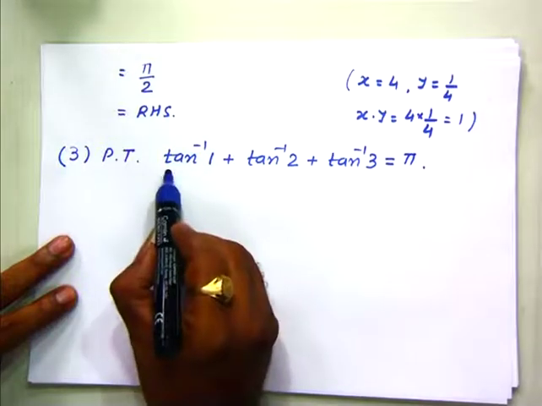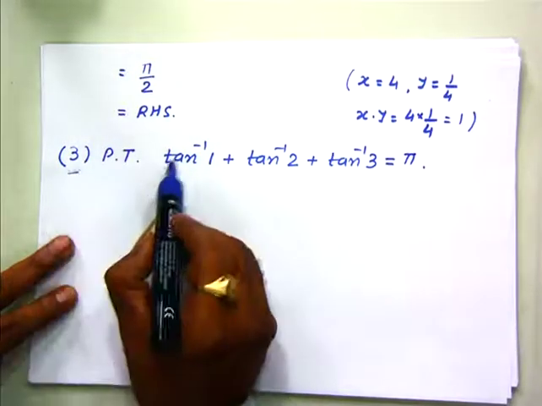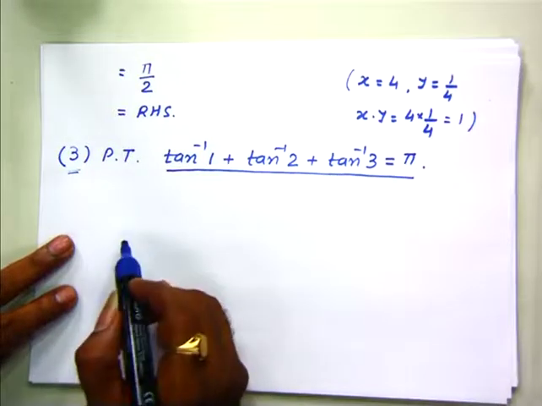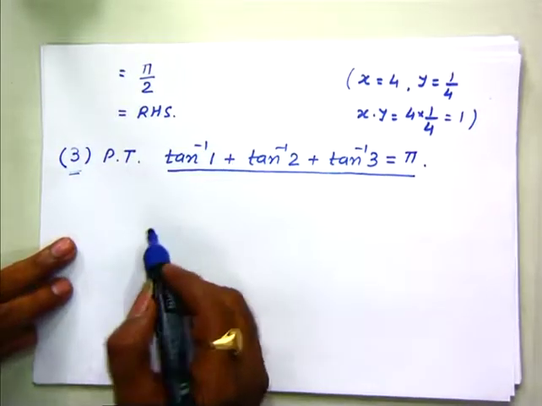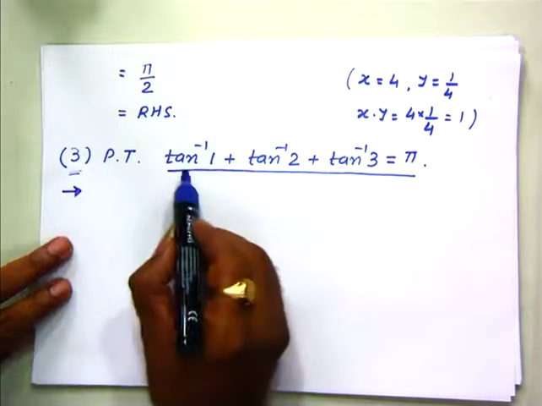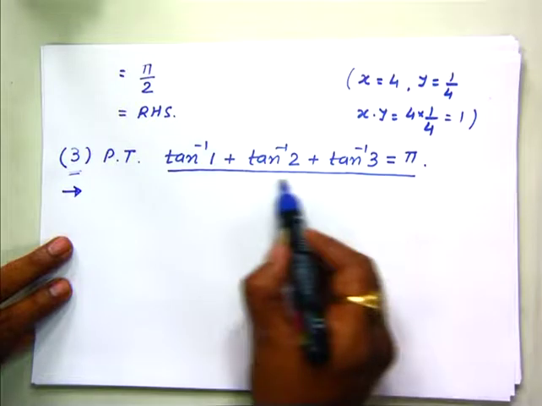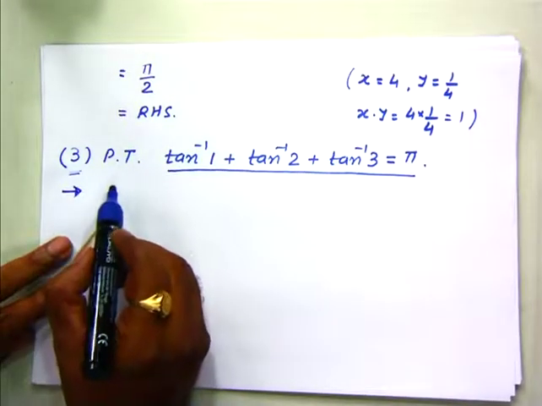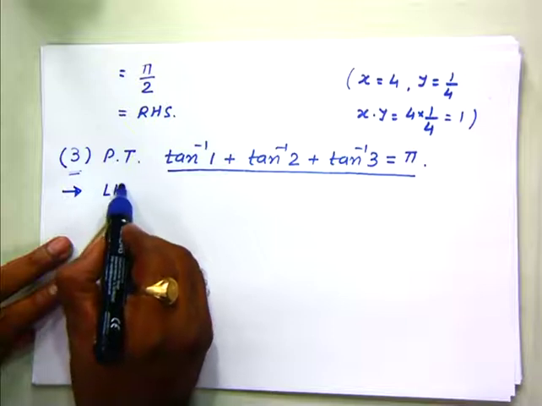See, prove that tan inverse 1 plus tan inverse 2 plus tan inverse 3 equal to pi. So let's see, this looks like a very beautiful result. Let's try to prove this.